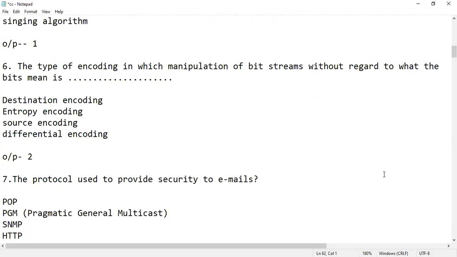The next question is, the protocol used to provide security to email.